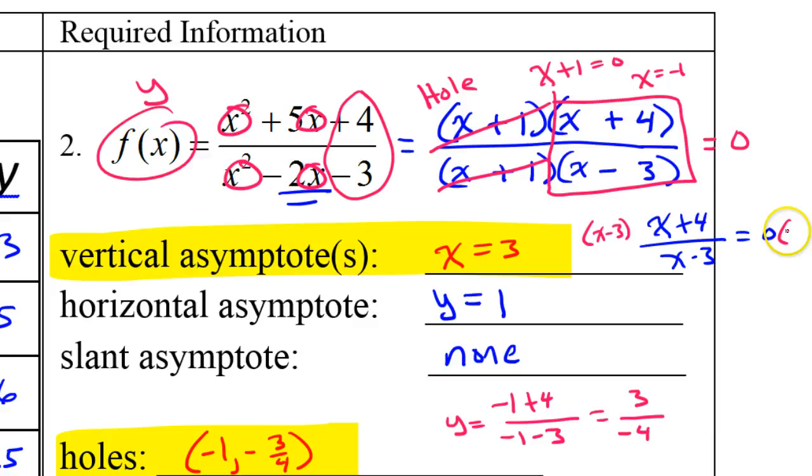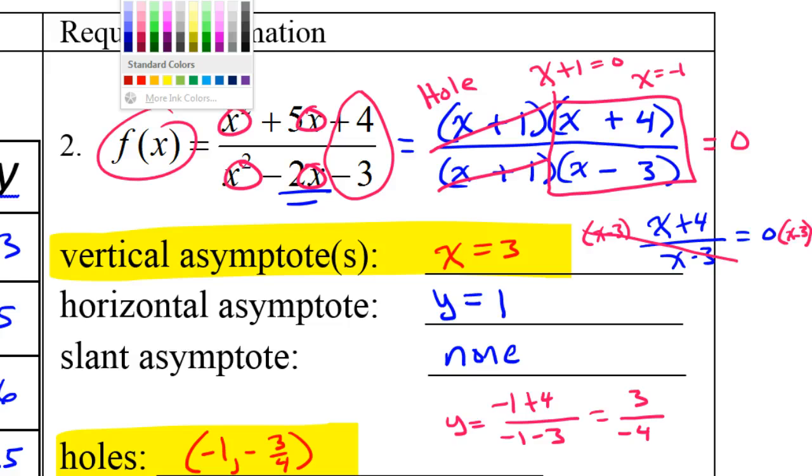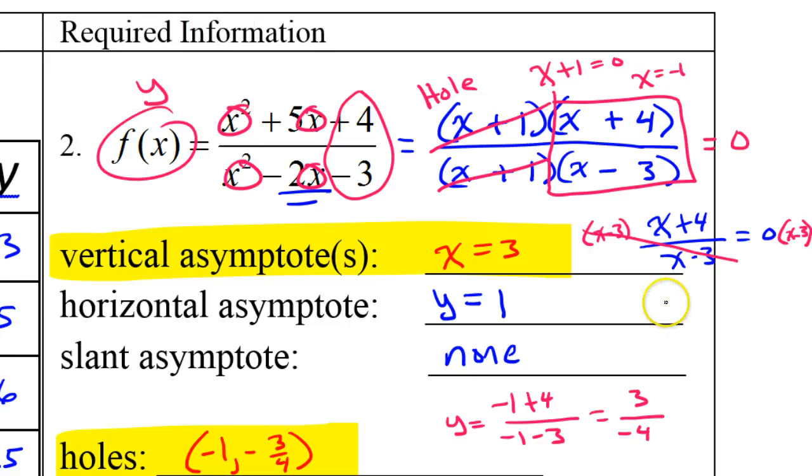Well, I'm running out of space. But if I multiply by the denominator, 0 times anything is 0. So look what I get. Right away, I get x plus 4 equals 0. So all of a sudden, oh look, it's the numerator equal to 0.